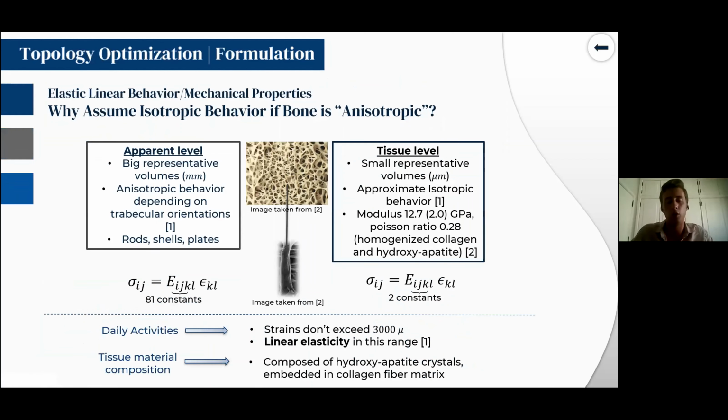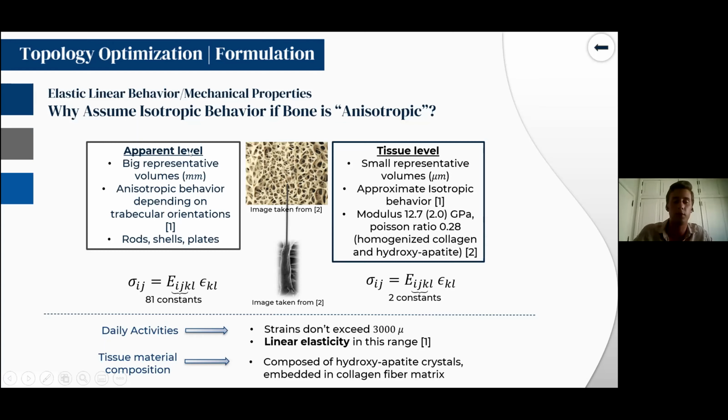Well, I've been using Hooke's law to formulate this problem, but we were assuming in this model that our elements are isotropic. This means that their mechanical properties are the same in each direction, which is actually not true for bone when we see bone at a bigger representative volume.